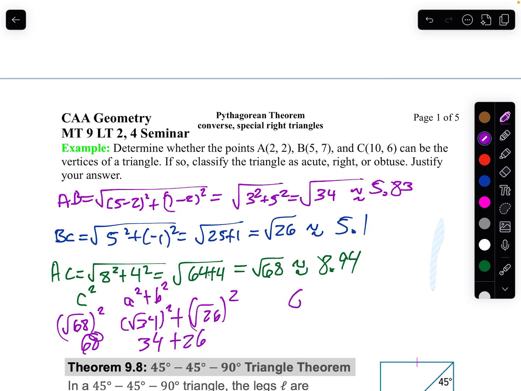Well, 68 is greater than 60, isn't it? Since C squared is bigger, I've got an obtuse triangle. So we just do Pythagorean theorem kind of in reverse. And then I want to compare it.